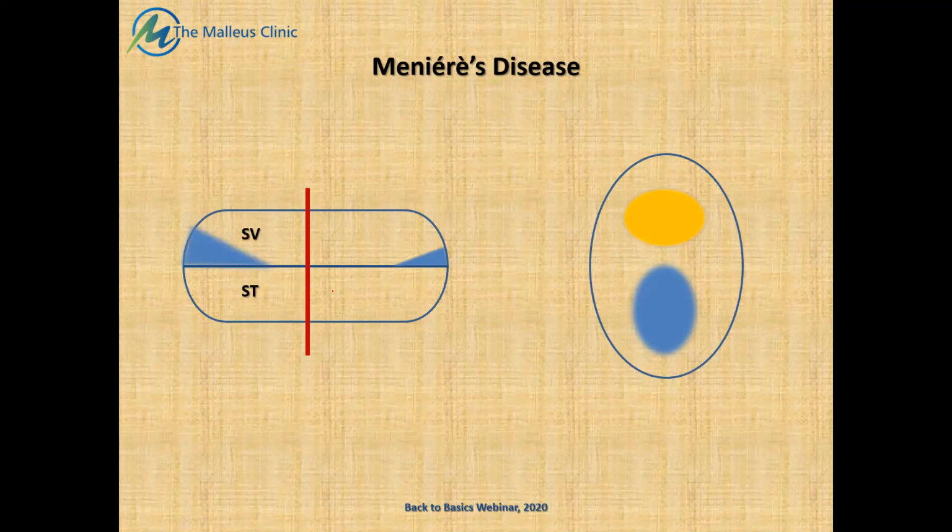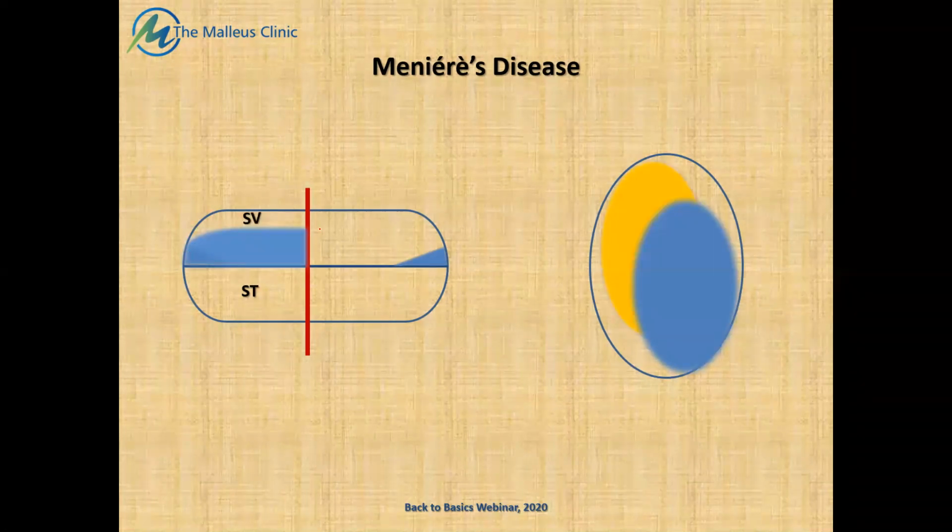And finally, you have a situation where the scala media is grossly hydropic. There is significant displacement of the Reissner's membrane, and the scala vestibuli either becomes very narrow and sometimes even obliterated. On the other hand, in the vestibule, we can see that the saccule and the utricle occupy a large chunk of the vestibular volume.